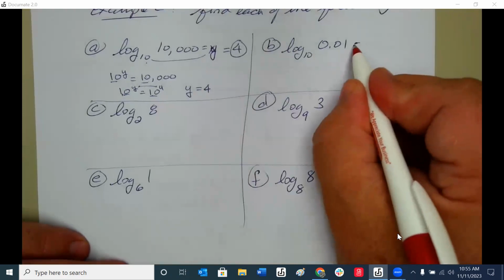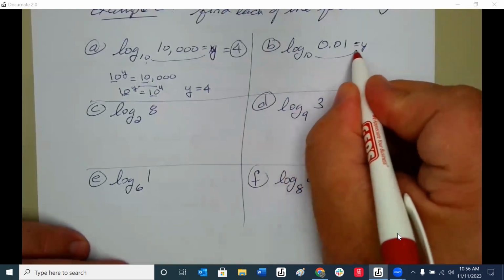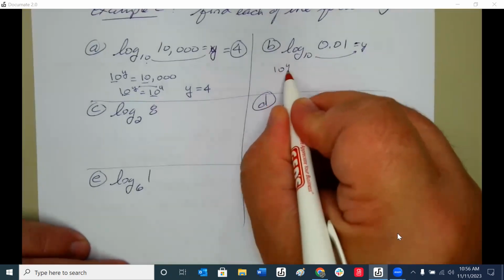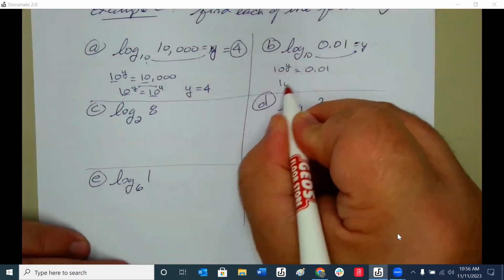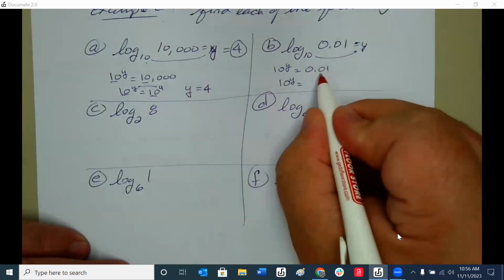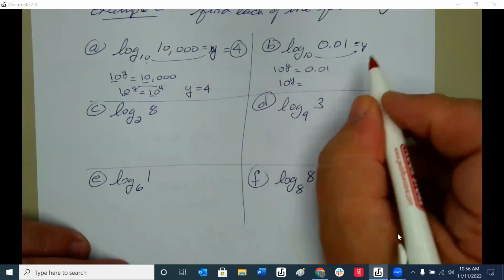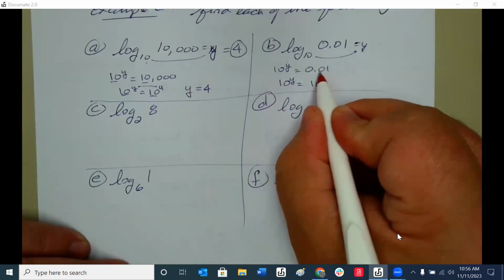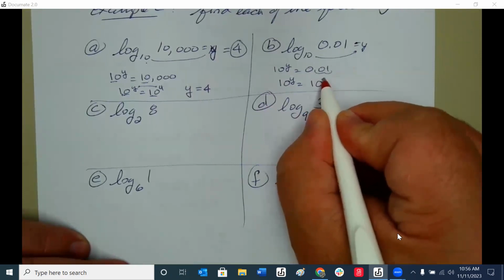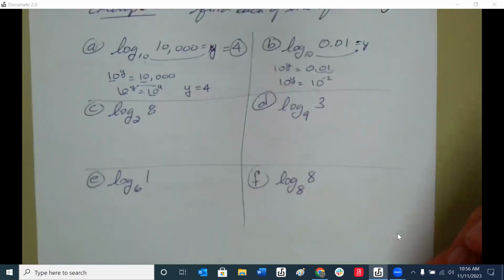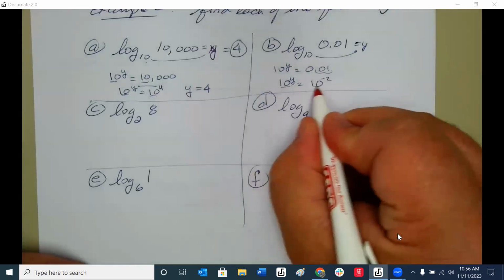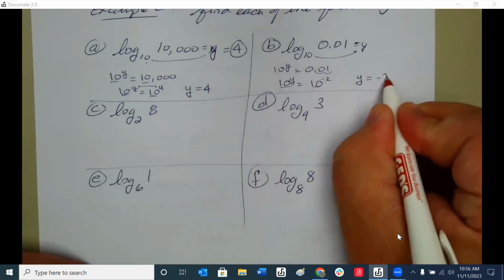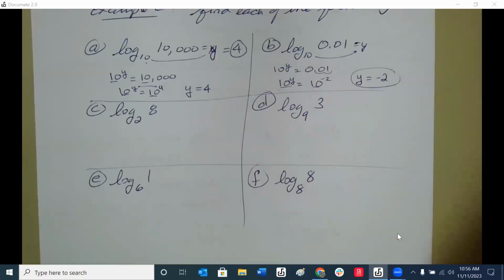Do the next one. Same thing. So 10 to the power y is equal to 0.01. Anytime you move decimals, it's just a power of 10. Since you moved it to the left, it moved 2 spaces to the left. It's -2. So since the bases are the same, y equals -2.